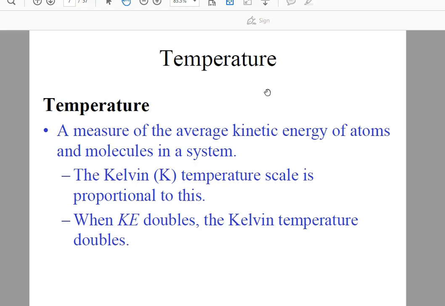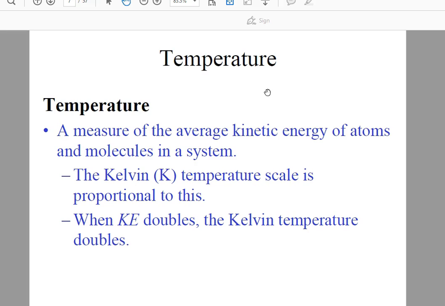Right? Another factor that we have with gases is their temperature. Now, the science definition of temperature is the average kinetic energy of the atoms. The average kinetic energy of the atom.